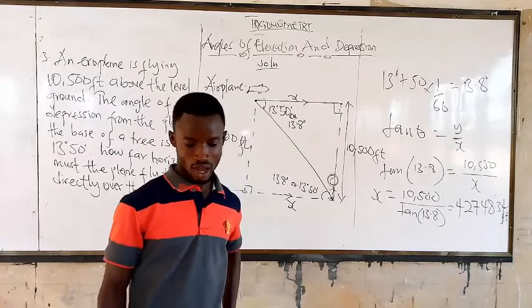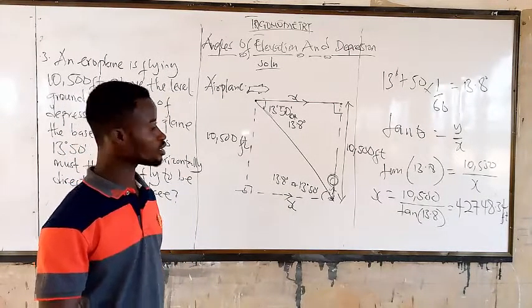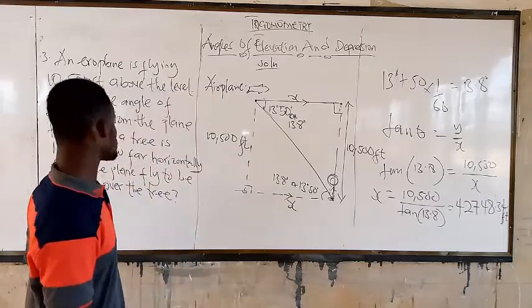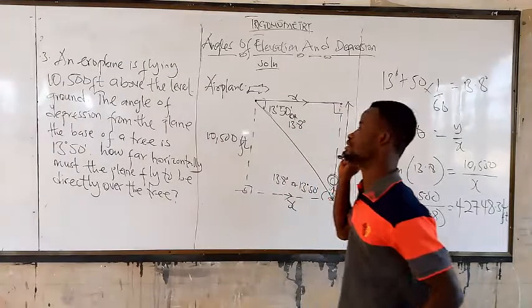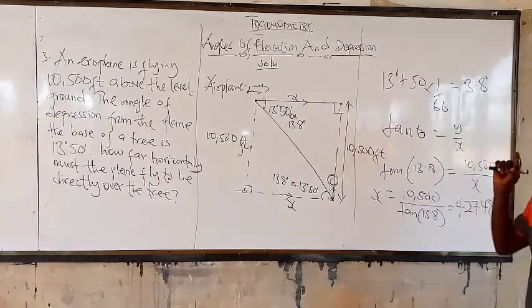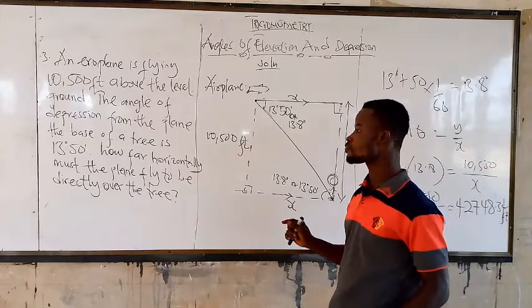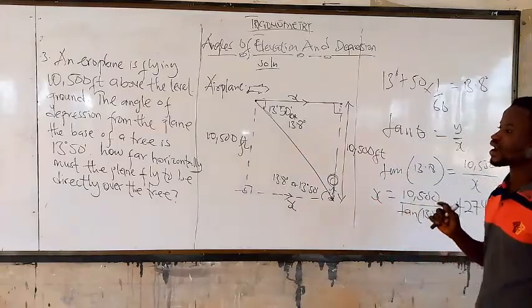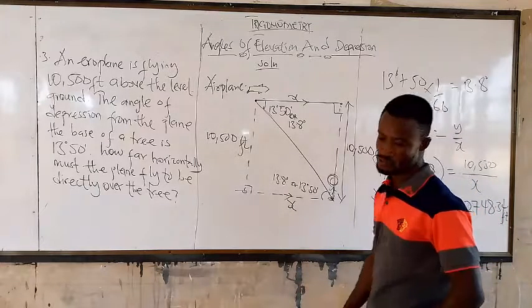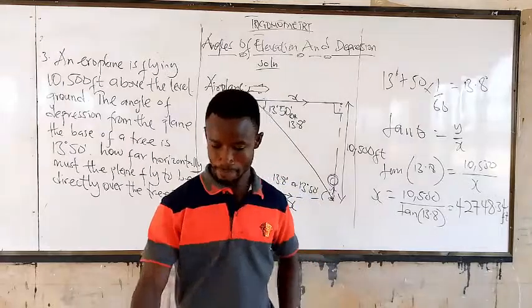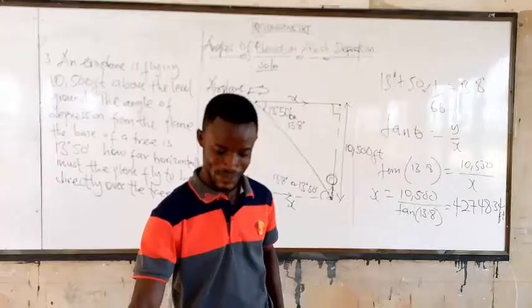So in all, that's going to be our final answer for that. Good. So therefore, the horizontal distance that the plane will fly to be directly over the tree is that. Very good. Thank you. And I may end with this example.